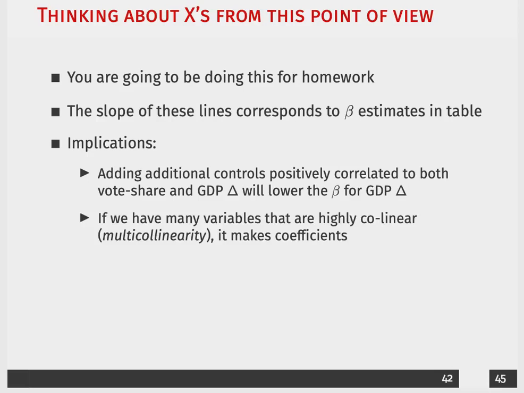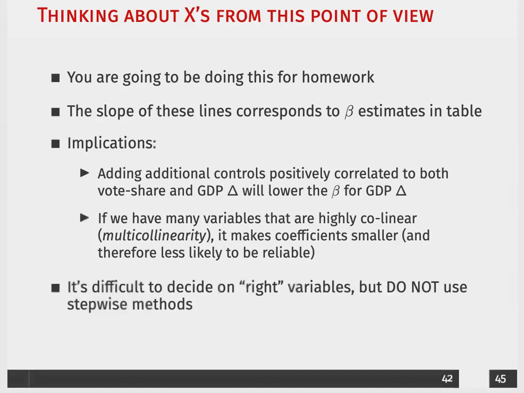So if you have many variables that are highly correlated, and we'll talk about this in our module with diagnostics with regard to multicollinearity, it's going to make the coefficients, or your estimated relationships, smaller, and it's also going to make them less reliable. It's going to increase your standard errors, right?